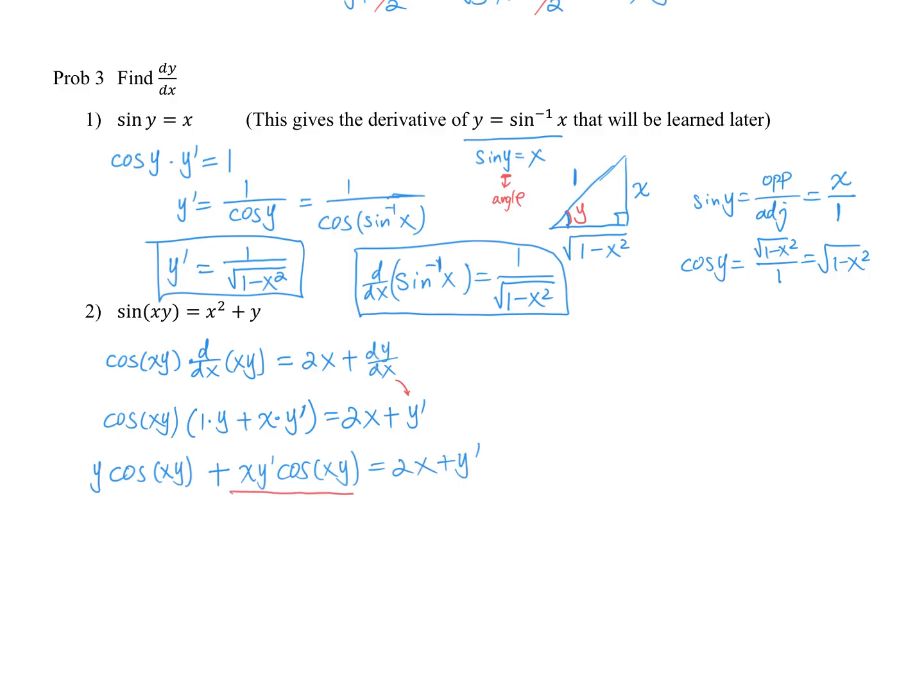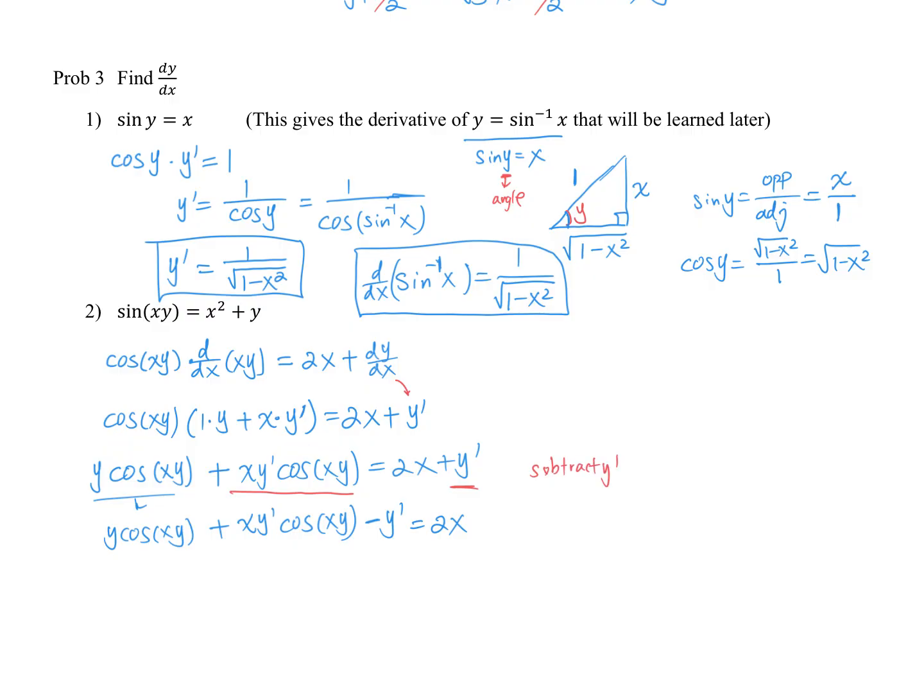And we need to group the terms with y prime together. So we have x y prime cosine xy minus y prime. So we subtract y prime from both sides. Of course, we still have this term here, and on the right-hand side, we still have 2x.